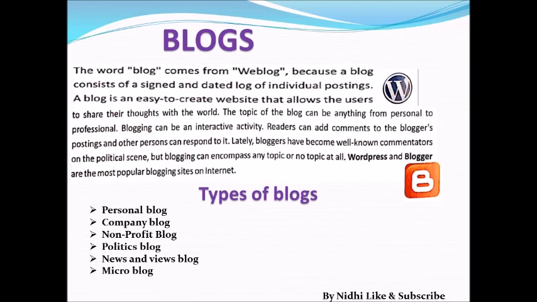Twitter is the best example of microblogging. Microblogs are the same as blogs, but they are written in short form, and 280 characters is the length that can be used on Twitter, and an individual post in microblogging is known as a tweet. So this is about microblogs.